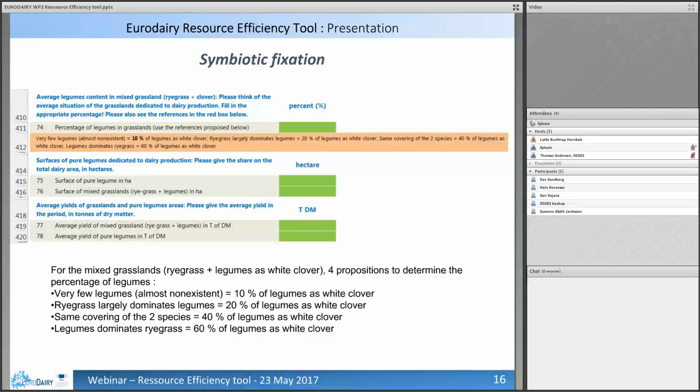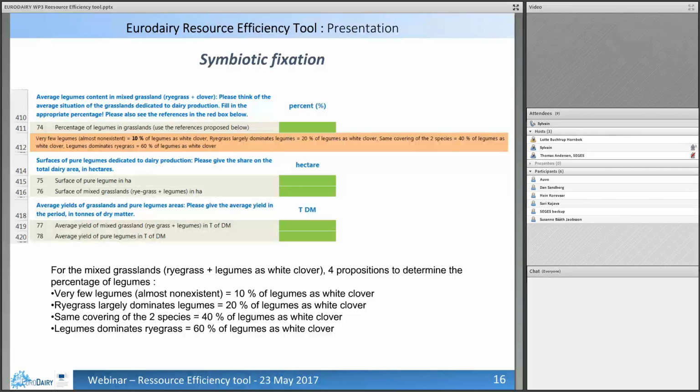And if you have the same covering of the 2 species, you can consider that you have 40% of legumes as white clover. And if legumes dominate ryegrass, you have 60% of legumes as white clover. So you have only 4 possibilities to answer this point.